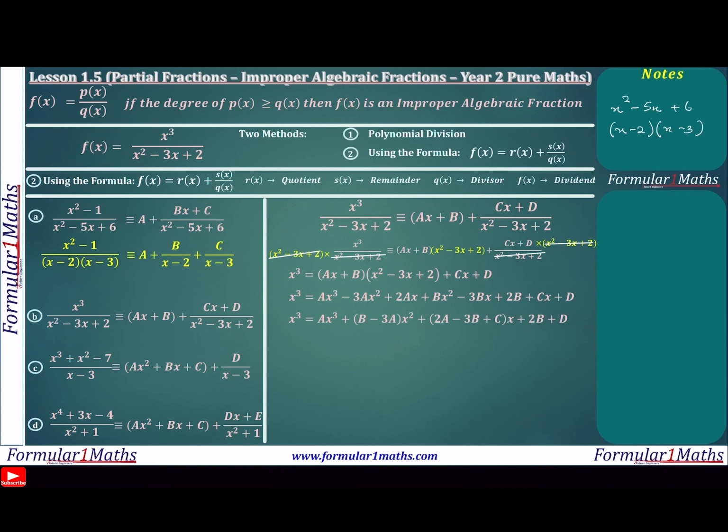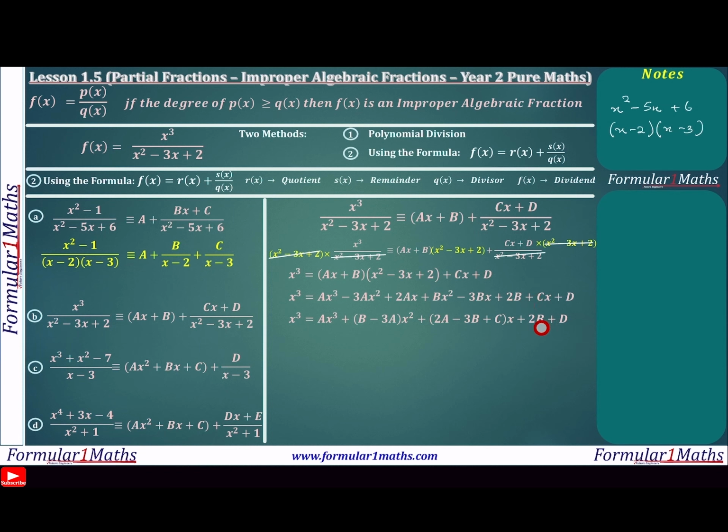If I do that, I'm going to get ax cubed, plus (b minus 3a) x squared, which will be a combination of this and that. And then for the x term, I'll have (2a minus 3b plus c).